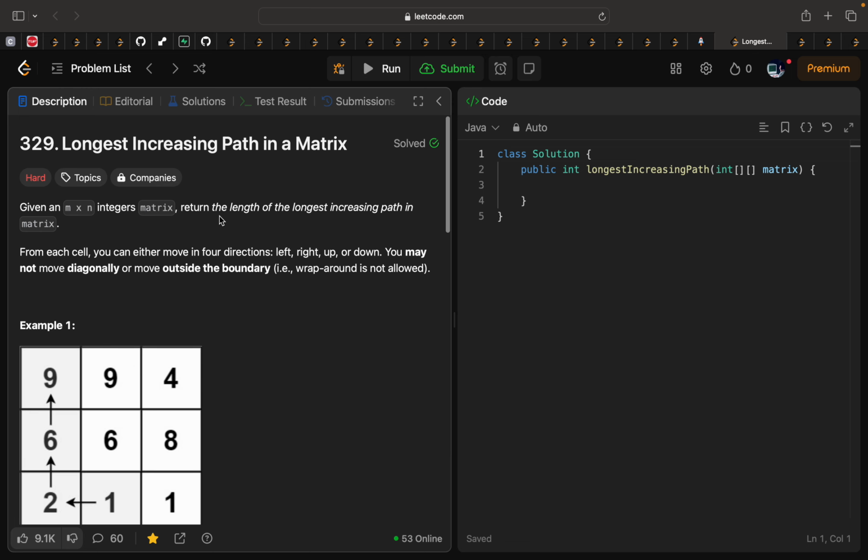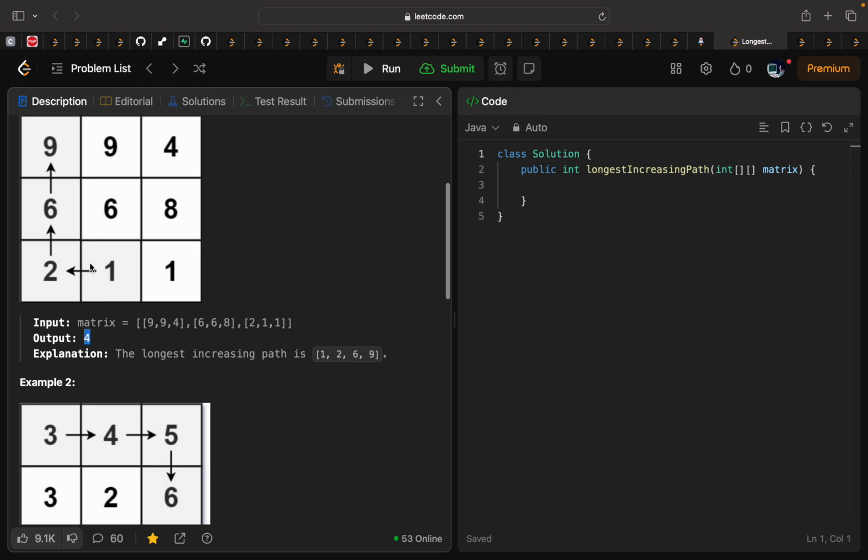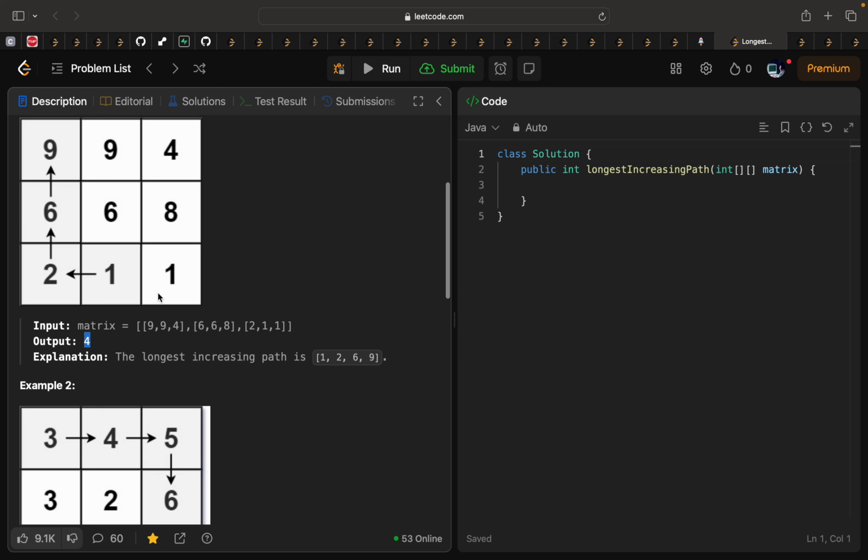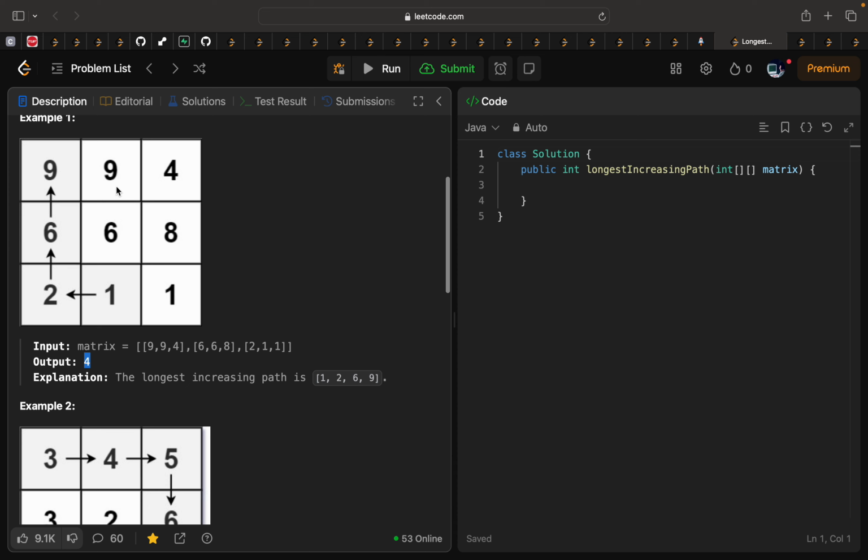So here the answer is 4, because we have these four numbers in increasing order. We can start from any cell in the matrix and count the increasing path from there.